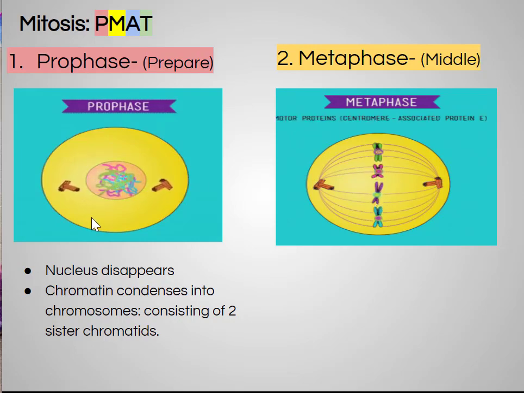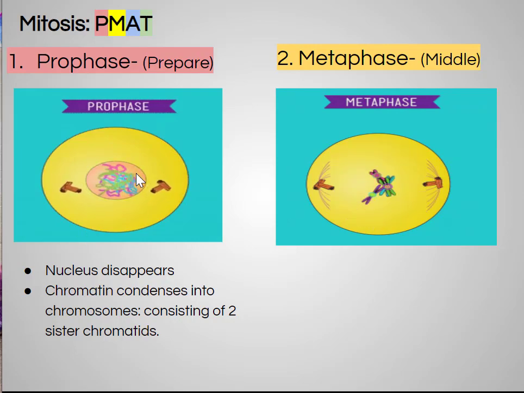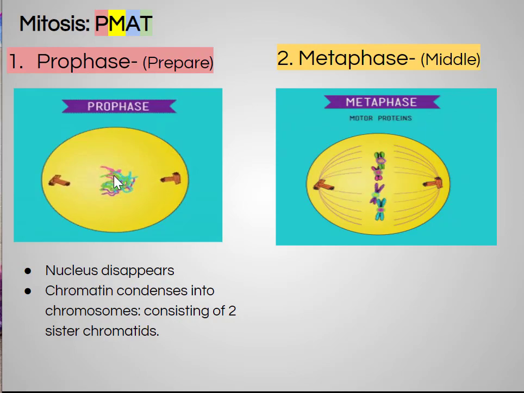And what it's doing, it is condensing down into that chromosome state. It is replicated already, so it's going to start to form those X's like we saw a few slides back.